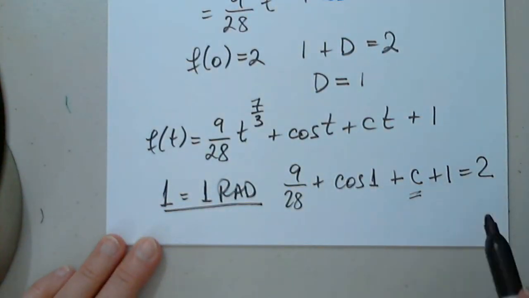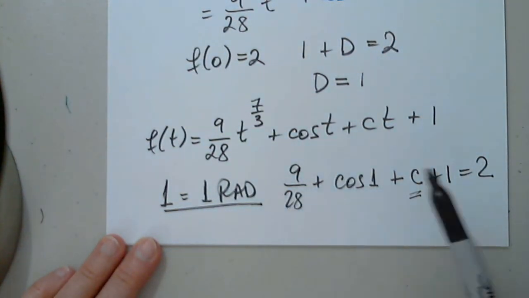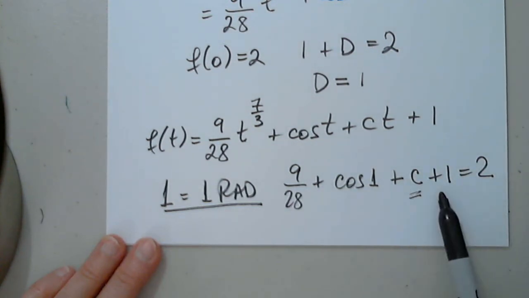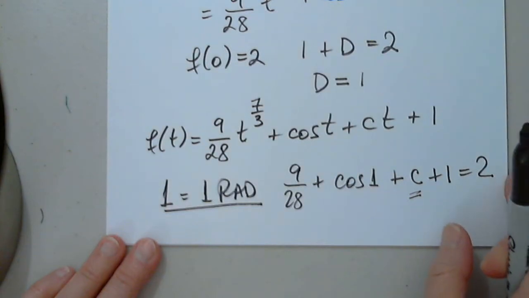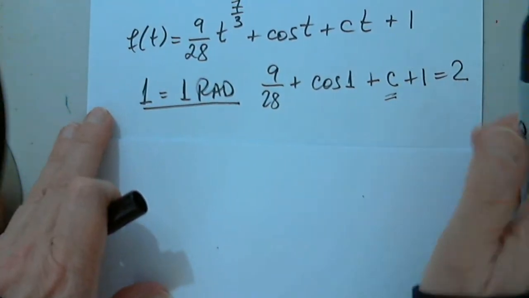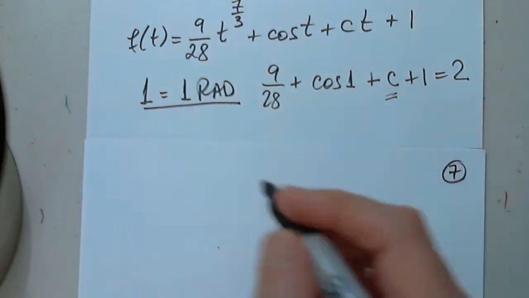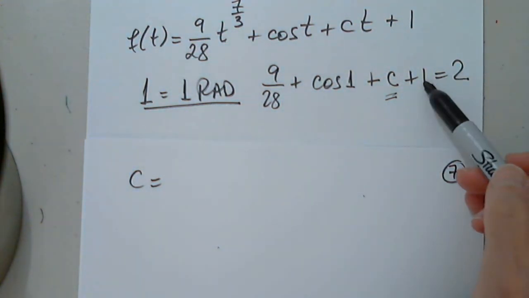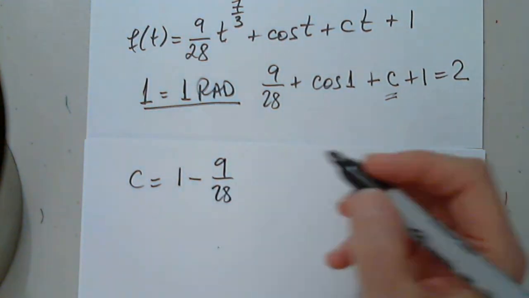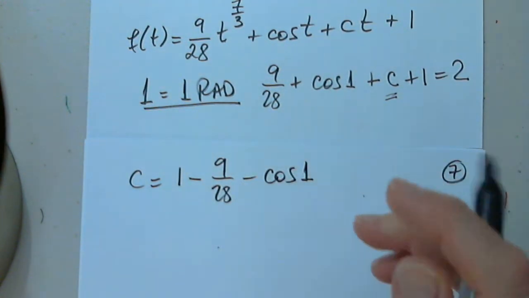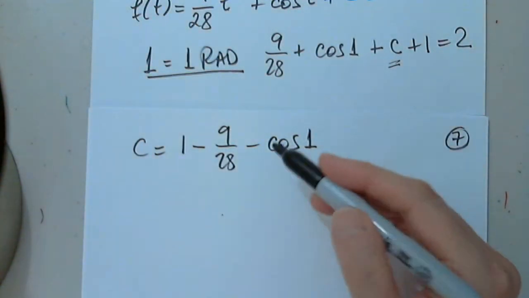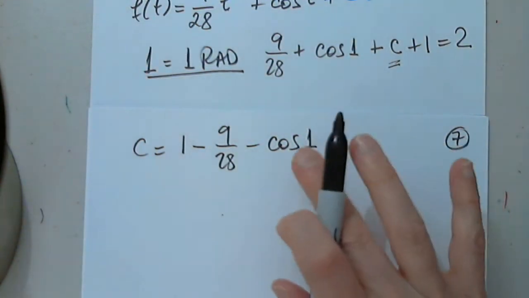So c will be 2 minus 9 over 28 minus cosine 1 and minus 1. Everything moves to the other side. So let's get c. 2 minus 1 is 1, minus 9 over 28, and minus cosine 1 radian. 1 radian is about 57 degrees, but we want an exact number.